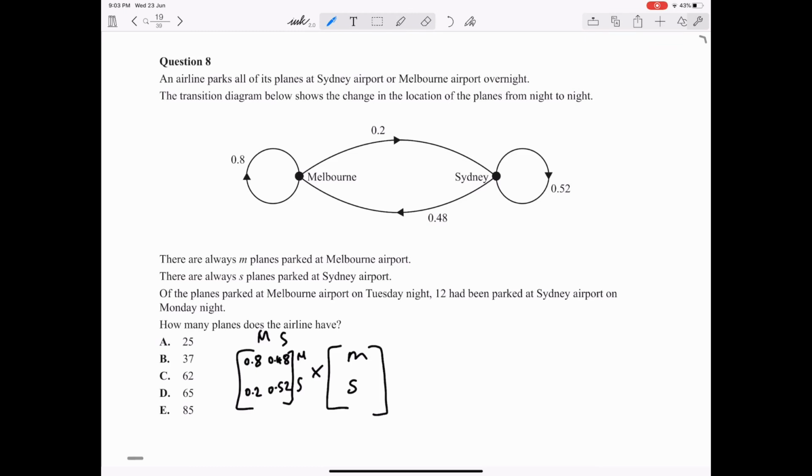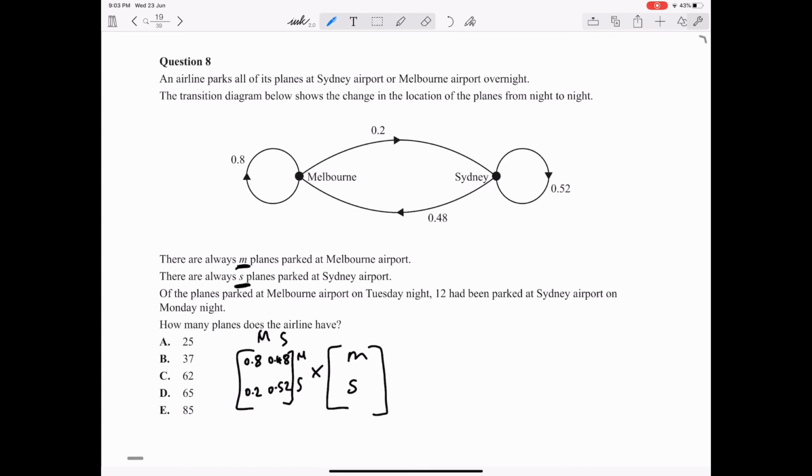So we know that the steady state would have been reached because there are always M planes at Melbourne Airport and S planes at Sydney Airport. So basically, the question is telling us that each night there's always going to be the same number of planes at Melbourne Airport and the same number of planes at Sydney Airport.